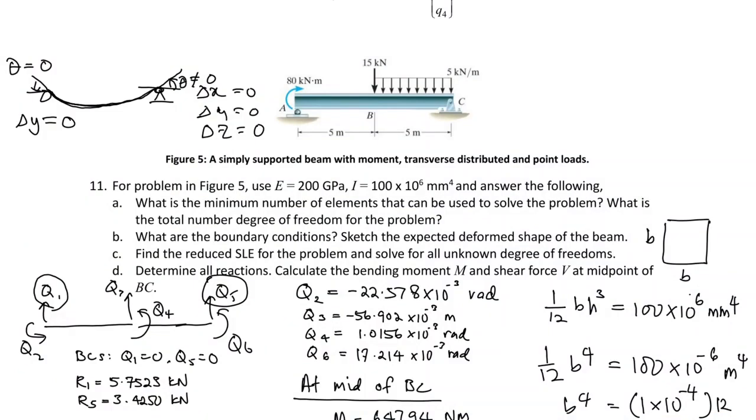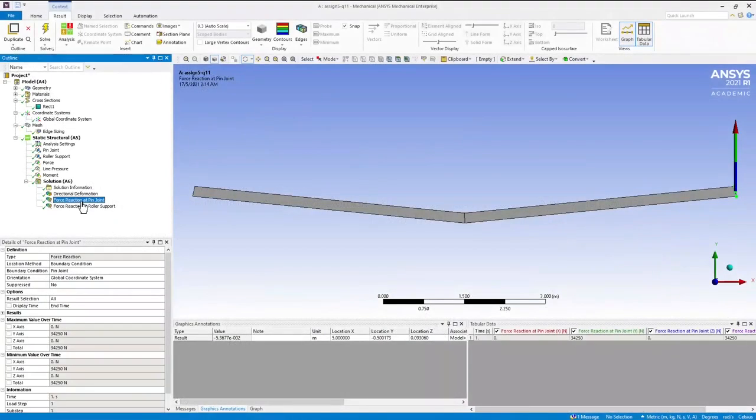R5 is wrong. It should be 3,425. Maybe that is the issue here, so let's double check where we did wrong. I have double checked my solution, and actually it is correct.